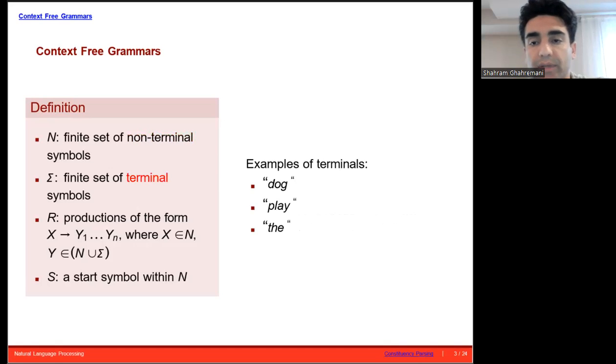The second element is a set of terminal symbols. These are the things that we actually do see. So these are the words that we observe, so dog, plays, any word that you observe in a sentence. These are the terminal symbols.